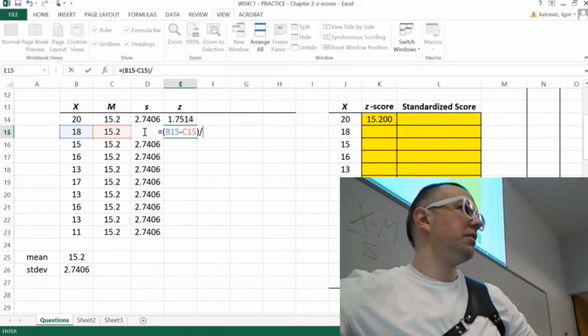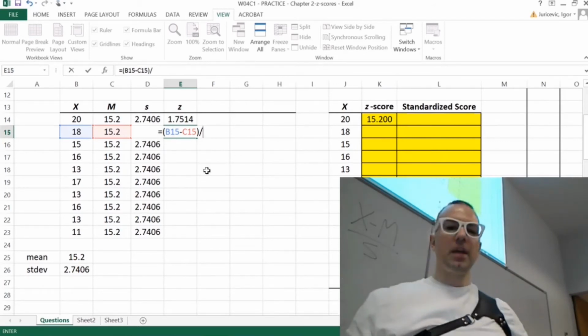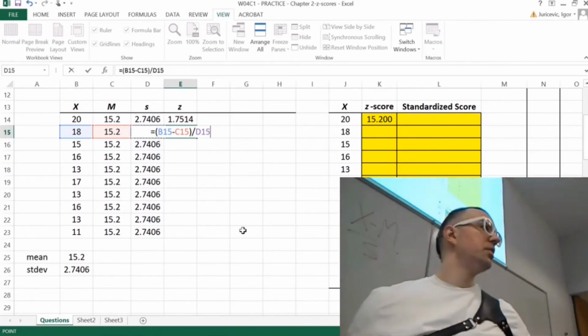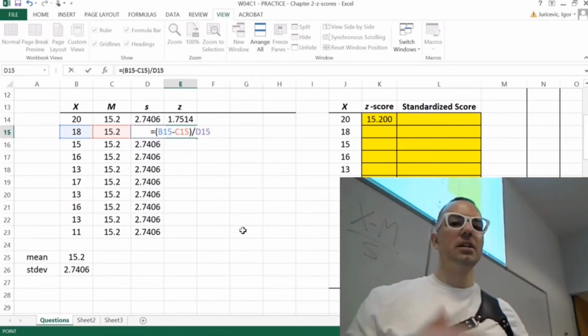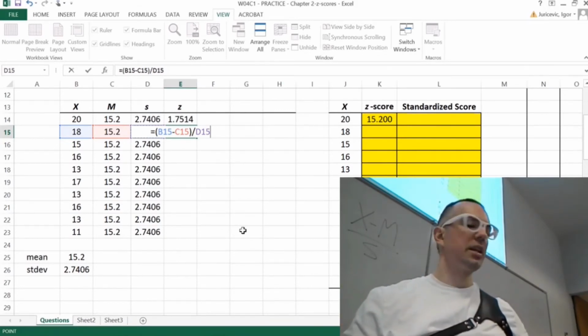What you want to do, if that's the case, click somewhere else and then use the arrow keys to get your purple cell, in this case, where it needs to go. So if you can't click directly onto the cell just because of the formatting that's going on, click somewhere else and then use the arrow keys to get to that place, and then you hit enter, and now we have our z-scores calculated.